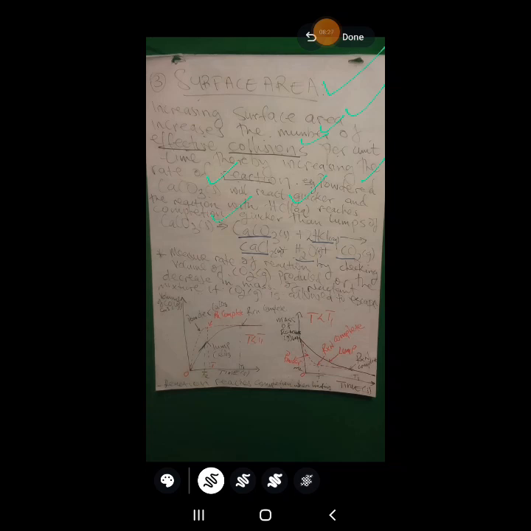So I gave a balanced equation for the chemical reaction between calcium carbonate and hydrochloric acid. You know from your previous grades that a carbonate plus an acid gives you a salt plus water plus carbon dioxide. So the balanced equation will be CaCO3 plus 2HCl to give us CaCl2 aqueous plus H2O liquid plus CO2 gas.